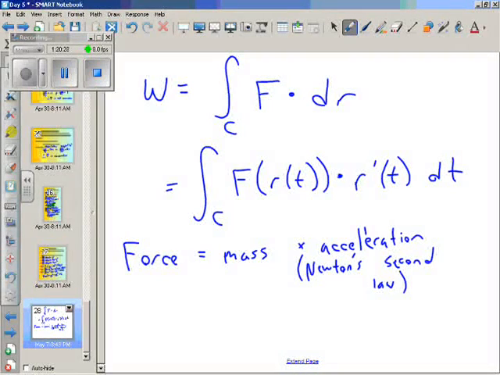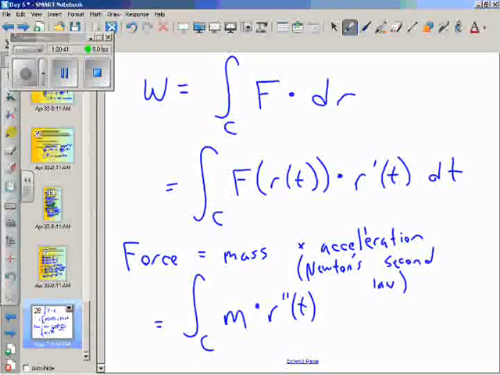And so this integral is going to turn into the integral along C of m times r double prime of t. I don't want that to look like the dot product. It's not the dot product. This is m times r double prime of t, and now we're dotting with r prime of t dt.